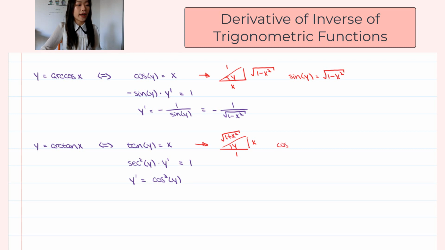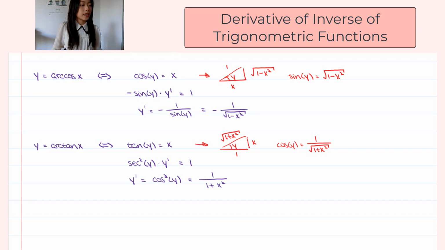So cosine of y, which is adjacent divided by hypotenuse, would be 1 over the square root of 1 plus x squared. So let's go back to the y prime. Y prime is cosine of y squared. That is 1 over 1 plus x squared.